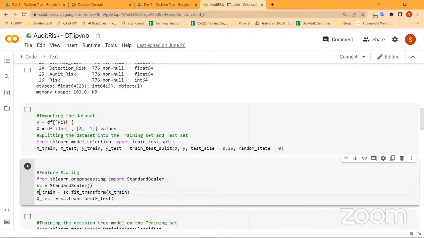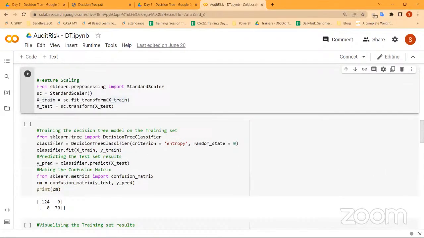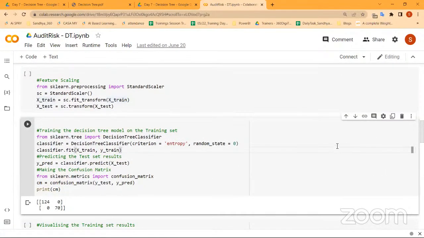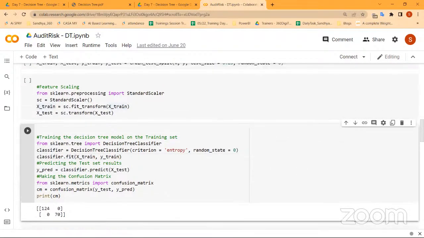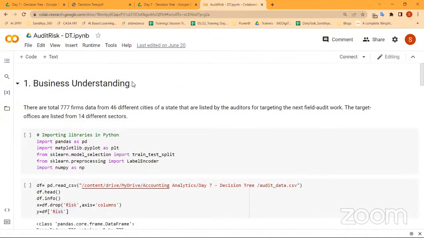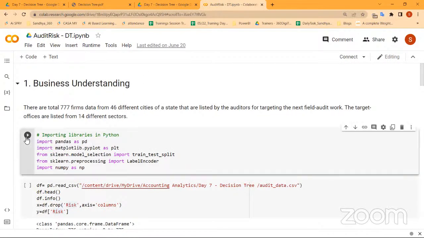Now I'm applying the standardization to both train and test. Right, so we have seen up to standardization, friends, and then we have the decision tree classifier. But before we go further here, let me quickly run the code and show you. Let me run it one by one.